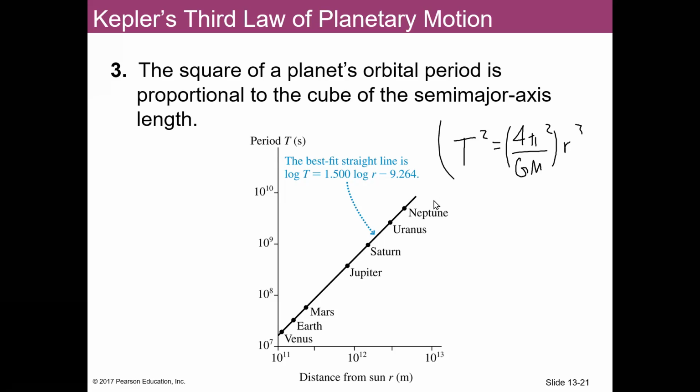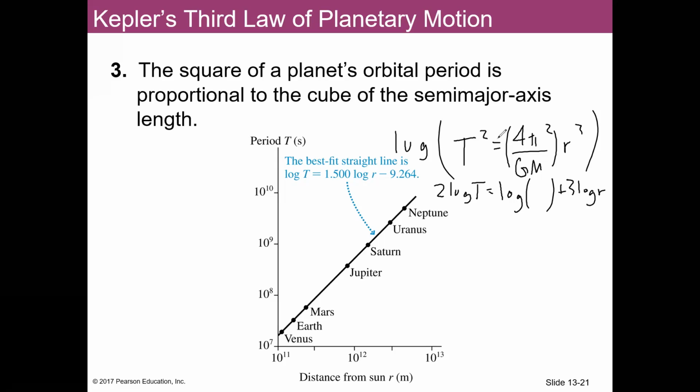If we take the log of both sides, then on the left-hand side, we're going to get 2 log of t. And that's going to equal, there's a lot of work you can do here, but it basically means that it's log of everything in that parentheses plus 3 log of r.